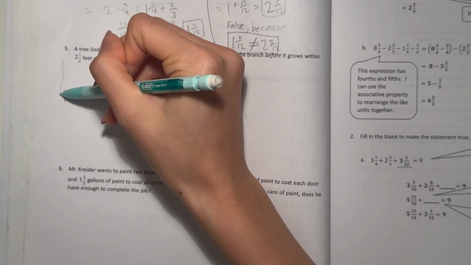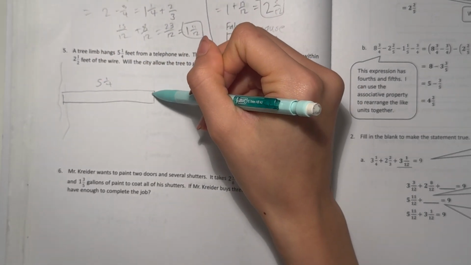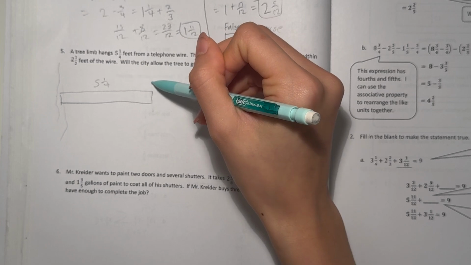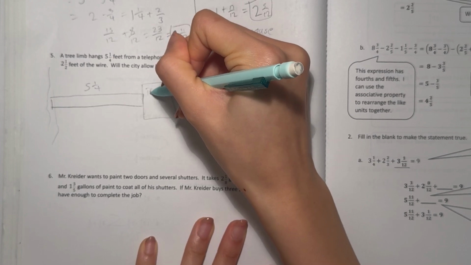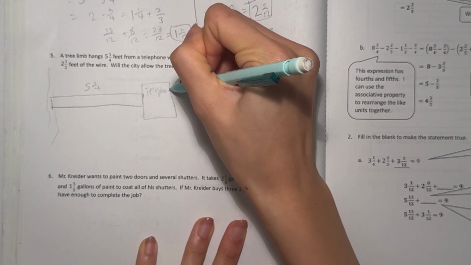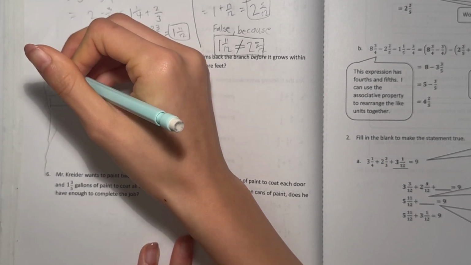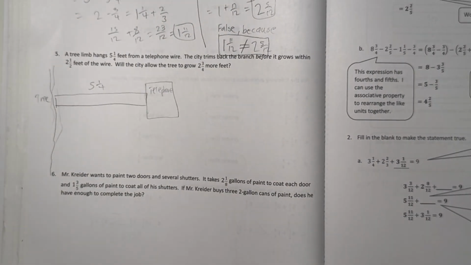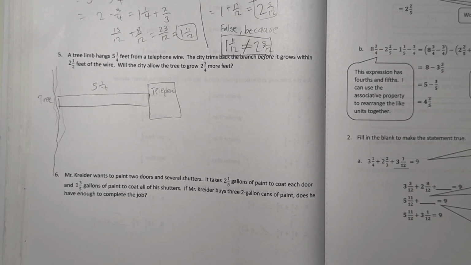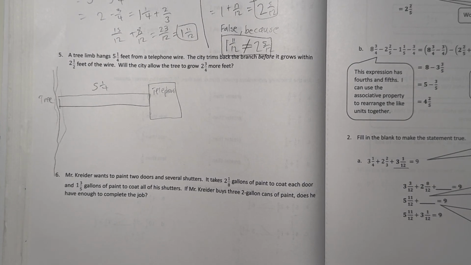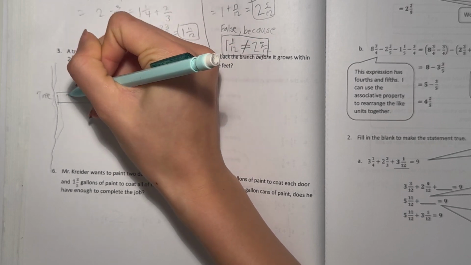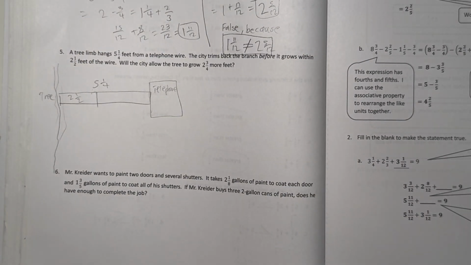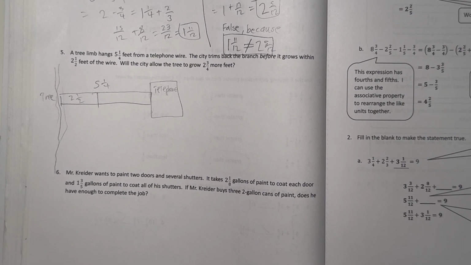So this is the tree, and this would be the telephone wire. Now, the city trims back the tree branch before it grows within 2.5 feet of the wire.